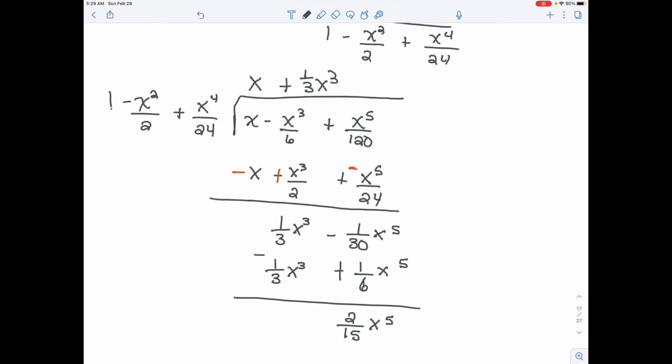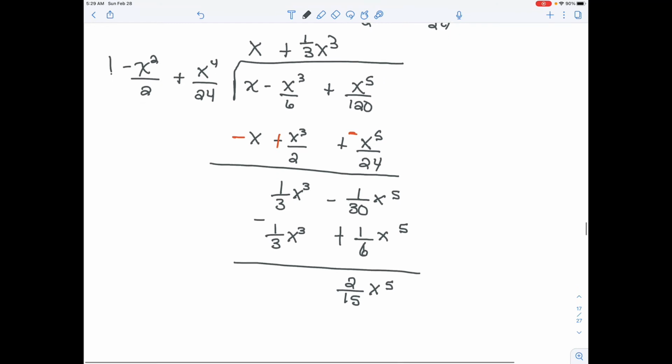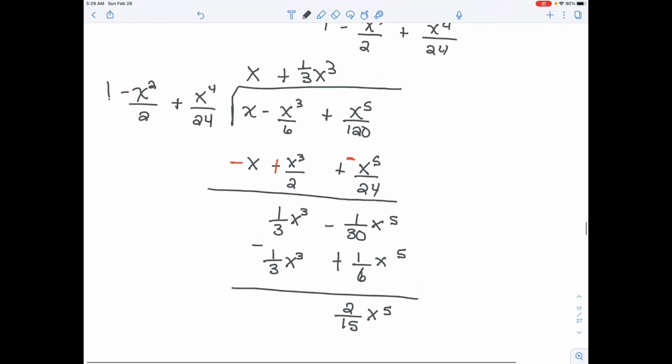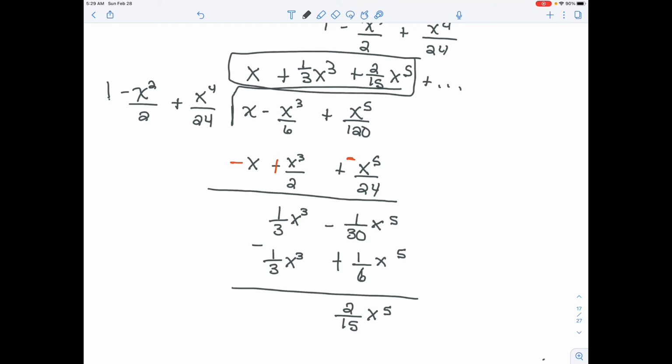Now, I could bring down another term, but I only need 3 terms, so I really don't have to go again. So what I would say is, what can I multiply by 1 to get 2/15 x to the 5th? And that would be plus 2/15 x to the 5th. So I would multiply that and then continue to add, but it's not going to change my answer because I only need 3 terms, and this is my answer.